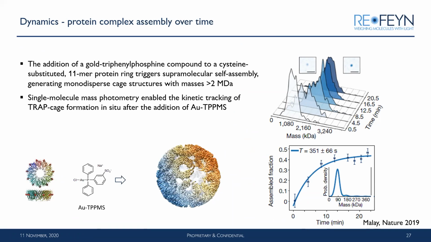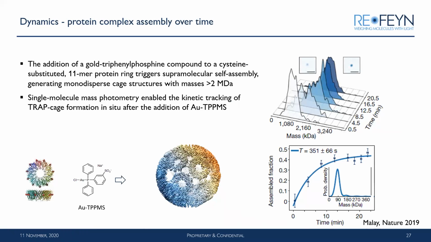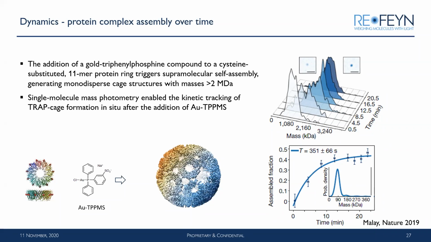This specifically is for a complex with a gold compound and protein, and basically it assembles through a period of around 20 minutes to its full complex, and you can monitor the shift in the main species.